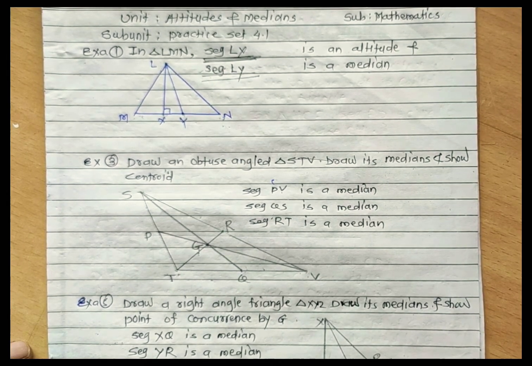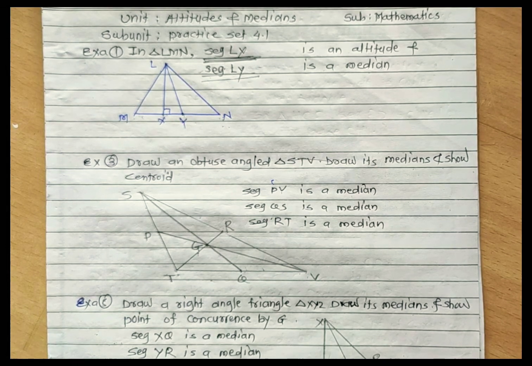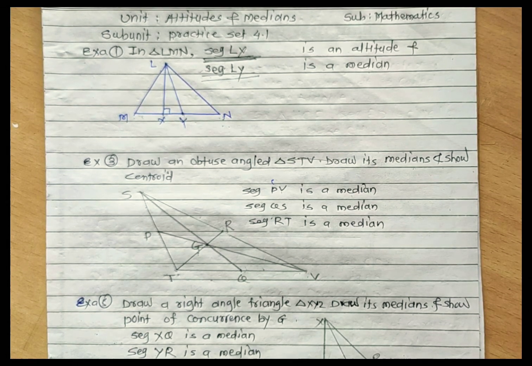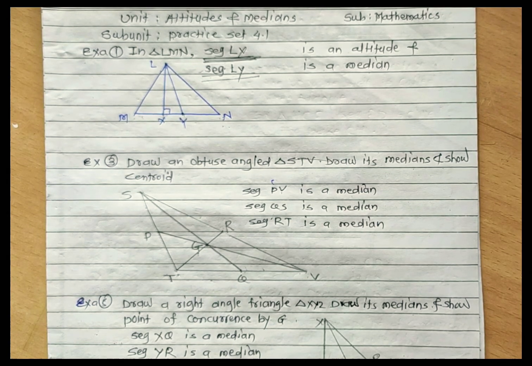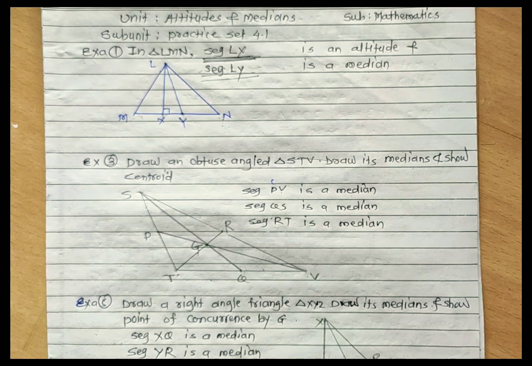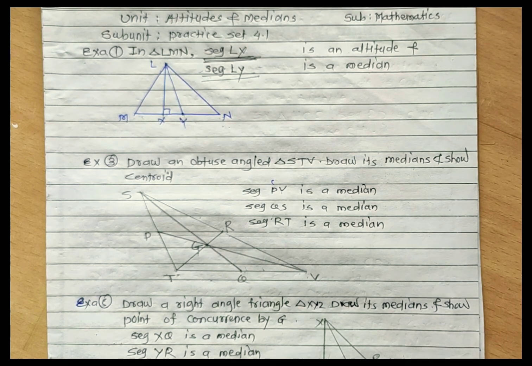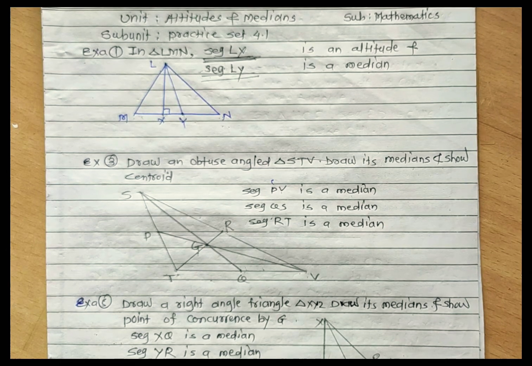Now seventh question, fill in the blanks. Point G is the centroid of triangle ABC. Same procedure: you find the midpoints of each side and draw the segments to the opposite vertex. You get the centroid, which is the point of concurrence, and the centroid divides the segment in the ratio 2:1. Now if the length of RG is, suppose, 2.5, then the length of GC we have to find.